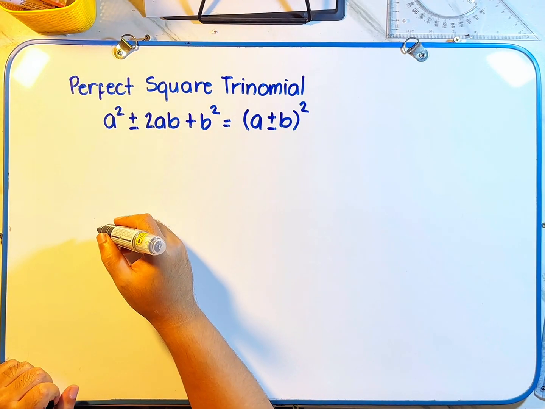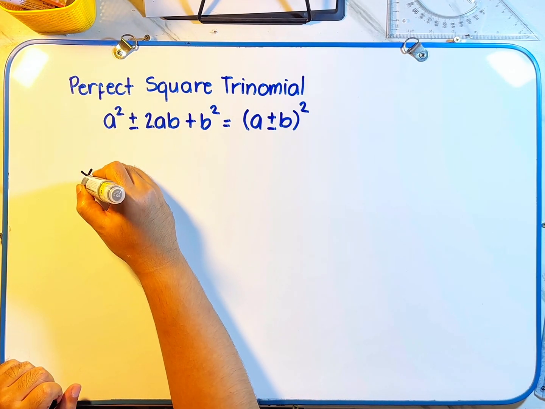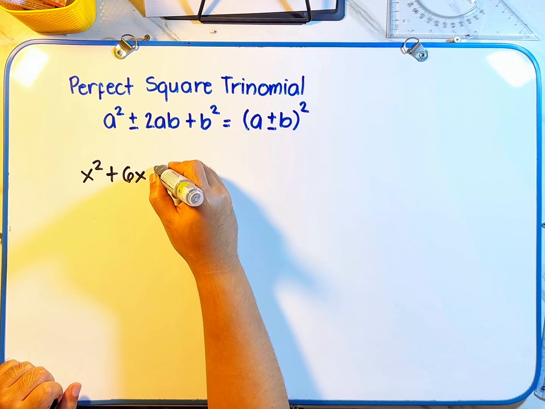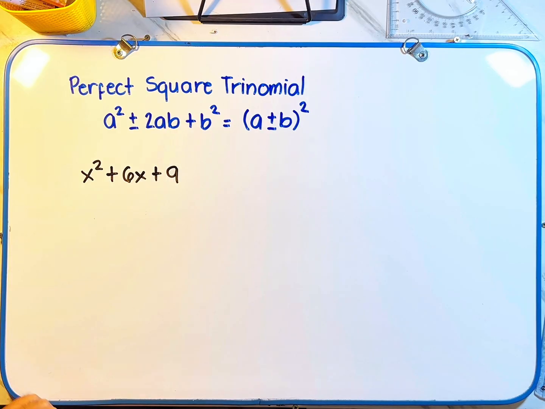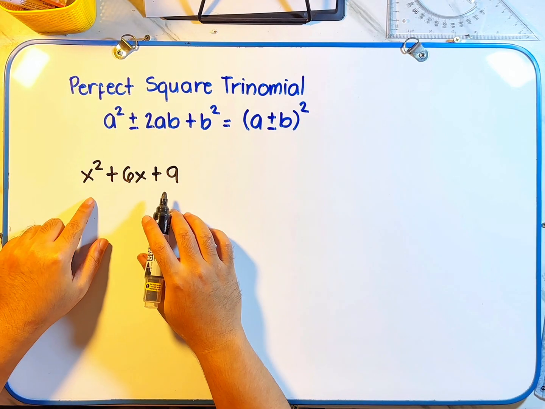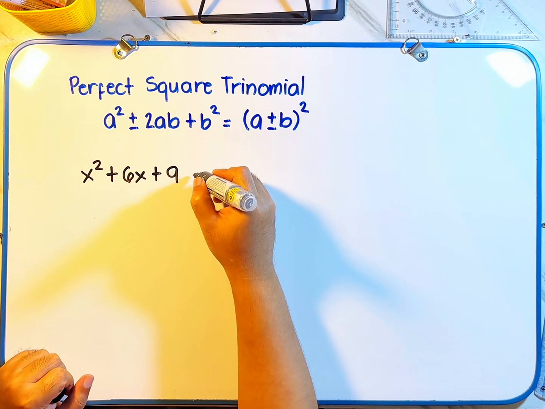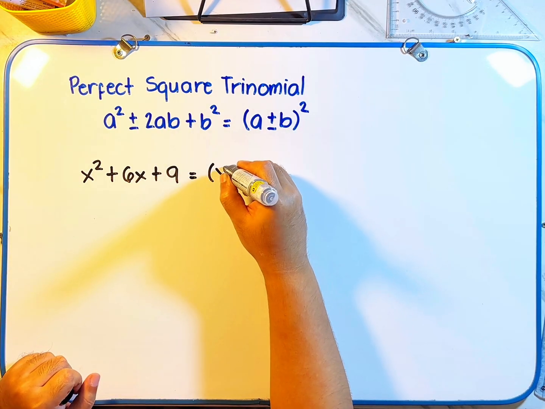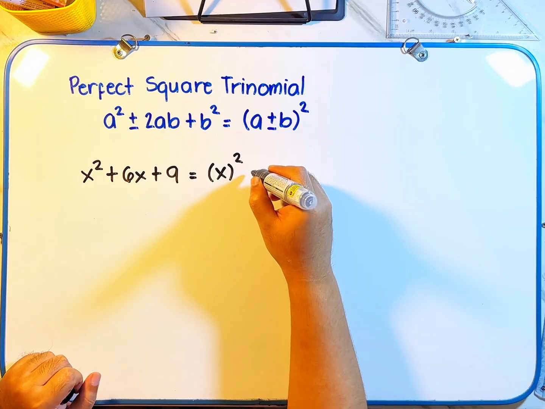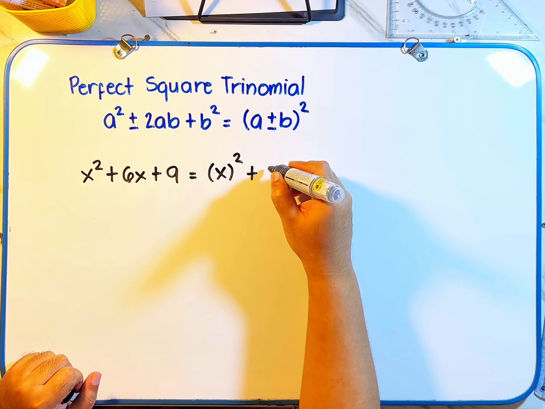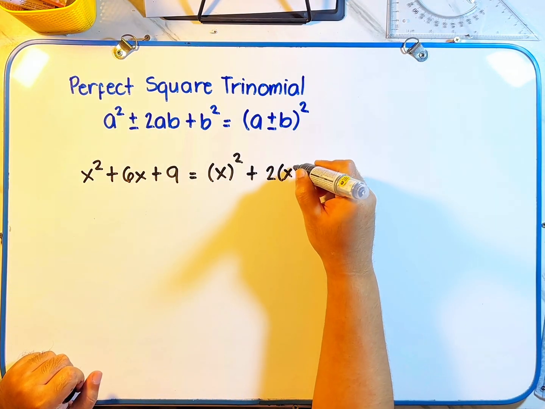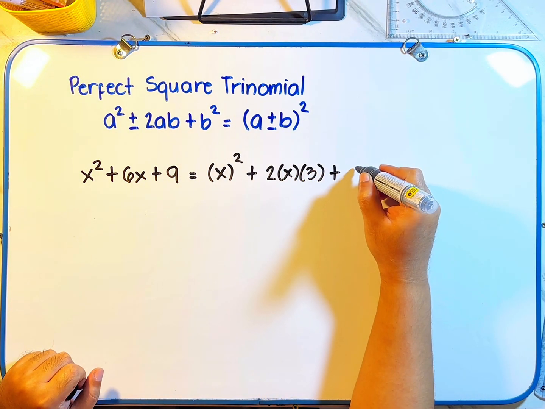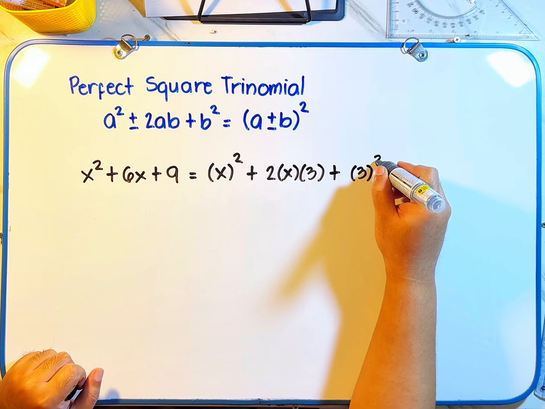For example, let's say we have to factor x squared plus 6x plus 9. Okay? Is this a perfect square trinomial? Yes, because I can express this as x squared plus 2 times x times 3 plus 3 squared.